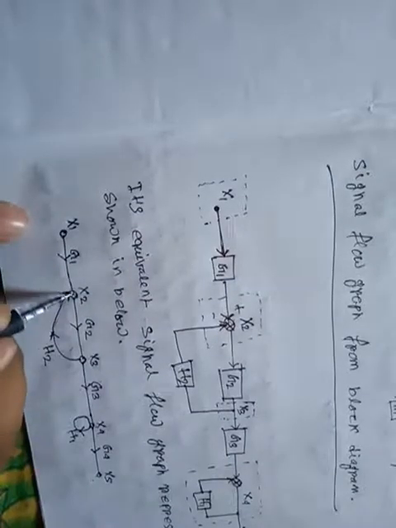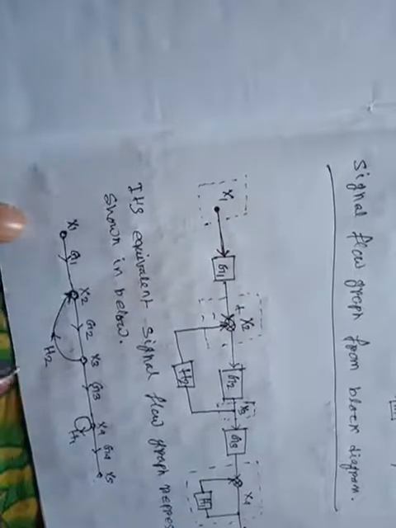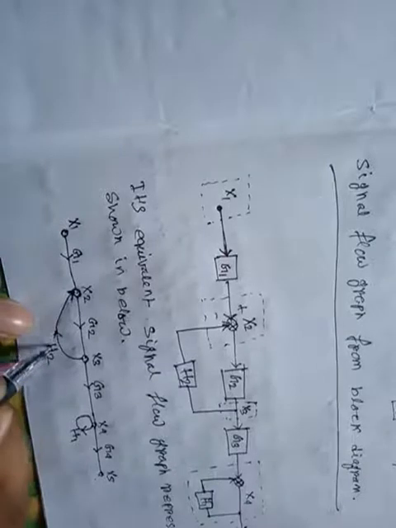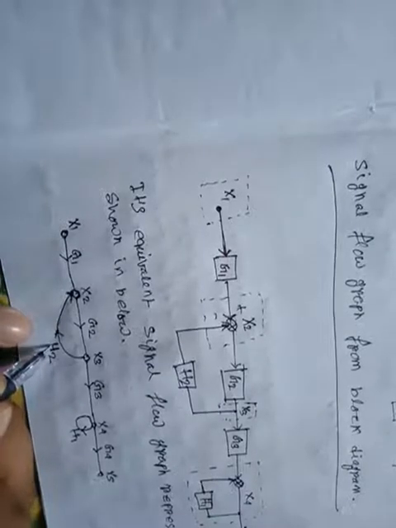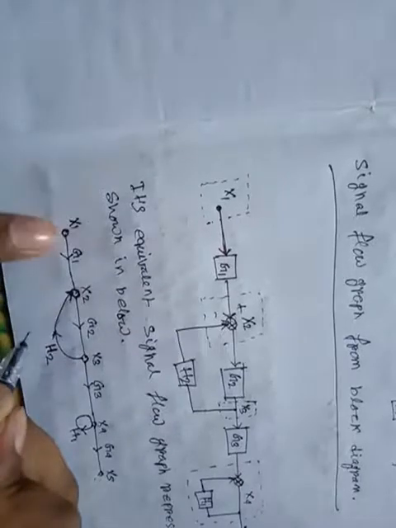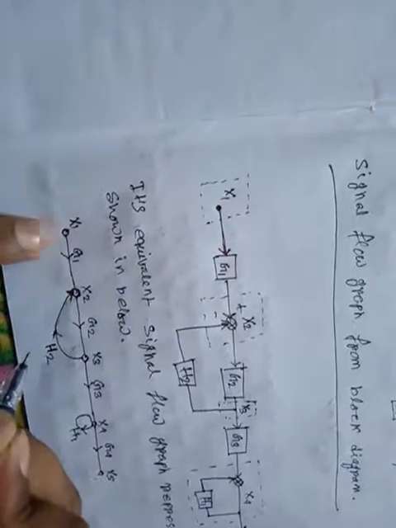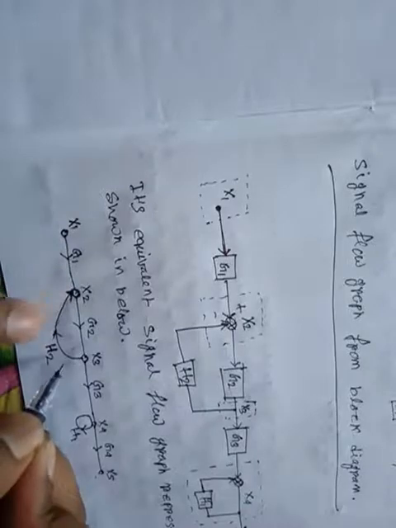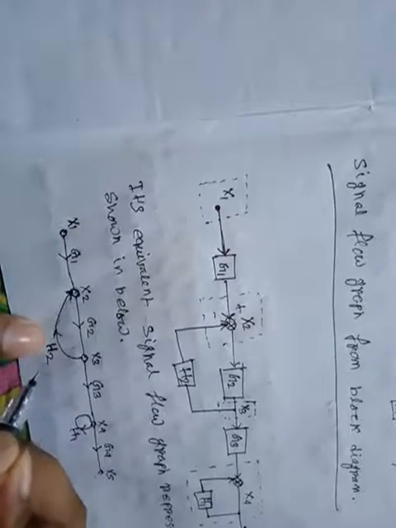The other input is h2. The output is a feedback element. Therefore x2 is equal to x1 into g1 plus x3 into h2.